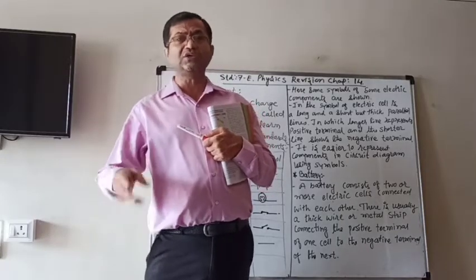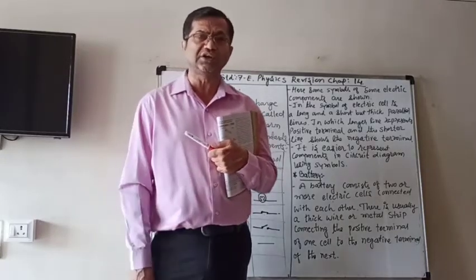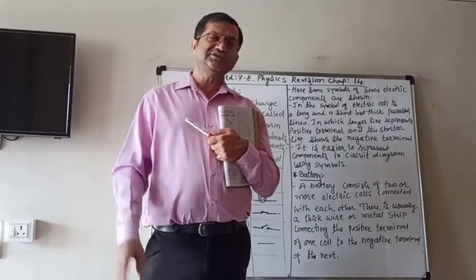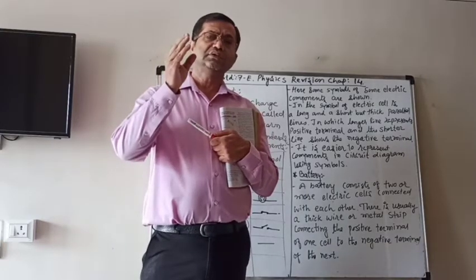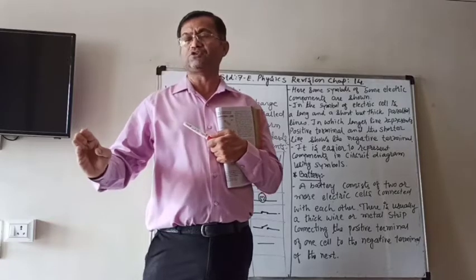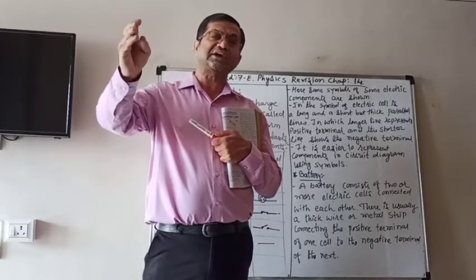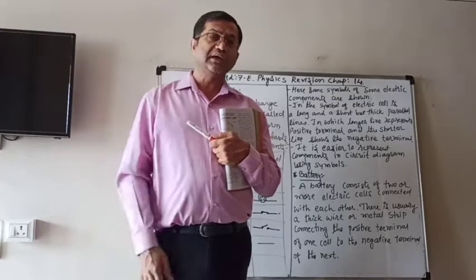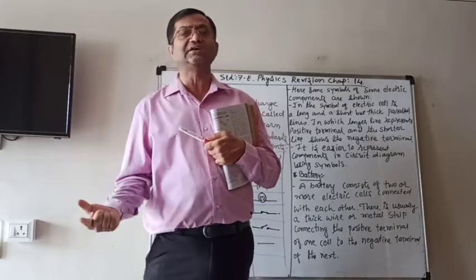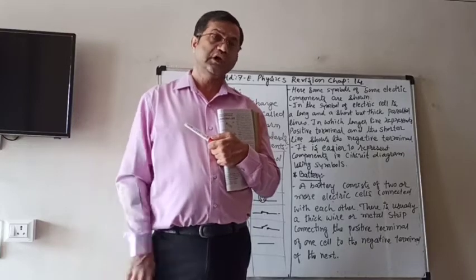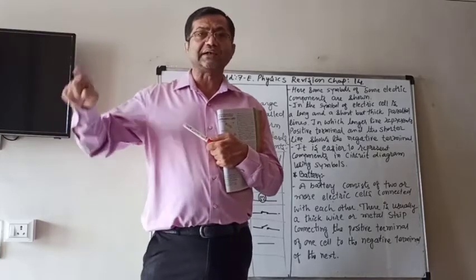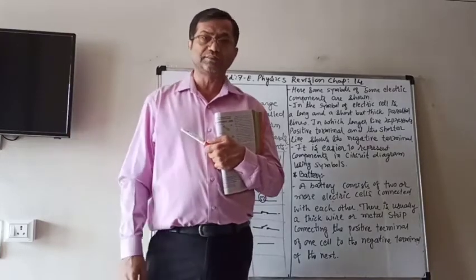And if there are more than 2, then also the same thing we have to continue. The positive terminal of one cell connects to the negative terminal of the second cell. Then again the positive terminal of the second cell will be connected with the negative terminal of the third cell, and so on, so that we can get a continuous current.